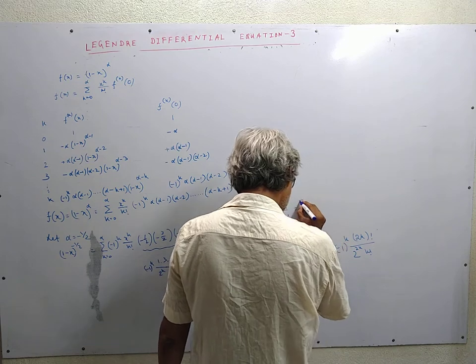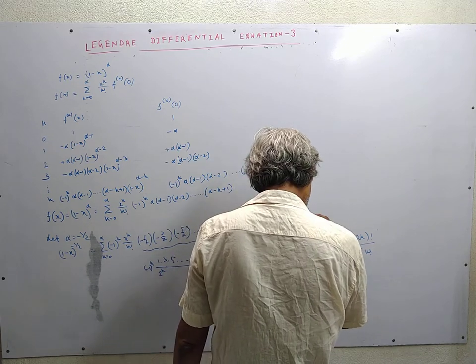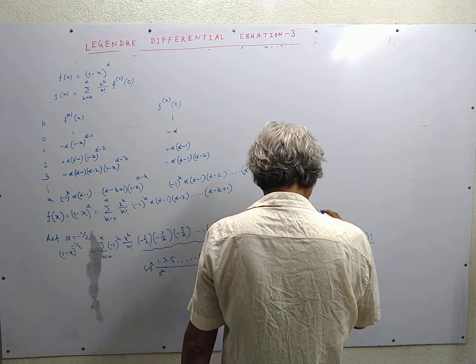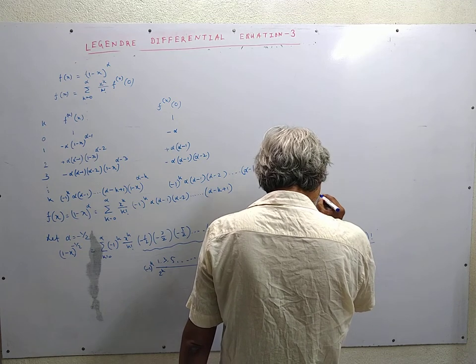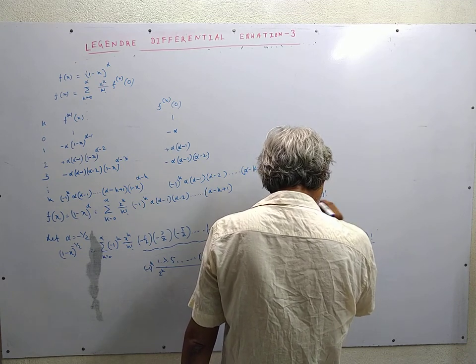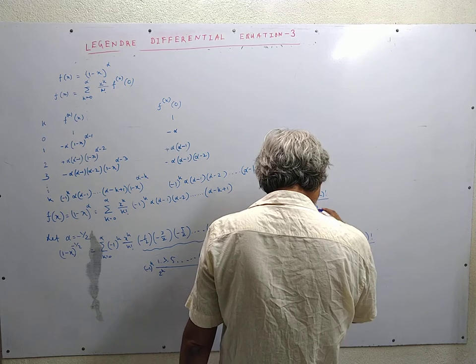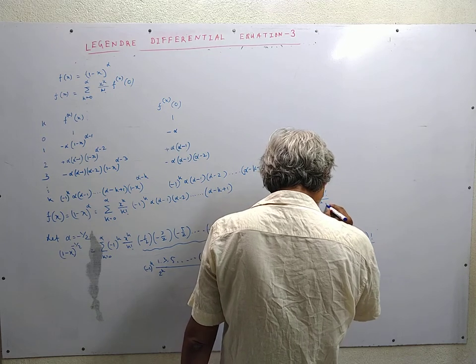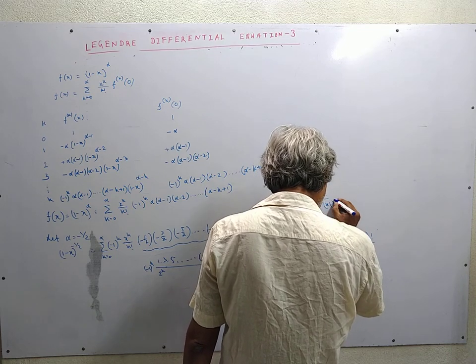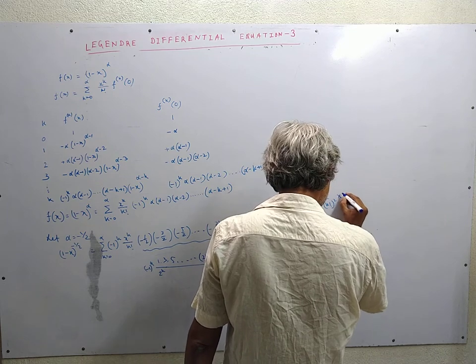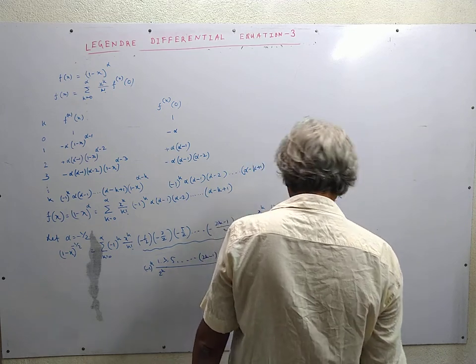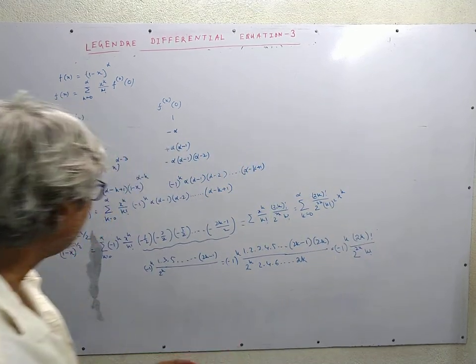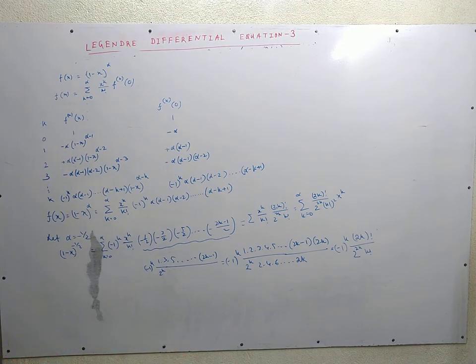Altogether this is summation over k equal to 0 to infinity of 2k factorial over 2 to the power 2k k factorial square times x to the power k. This is a very important relation which we shall use in the next class while discussing the generating function.